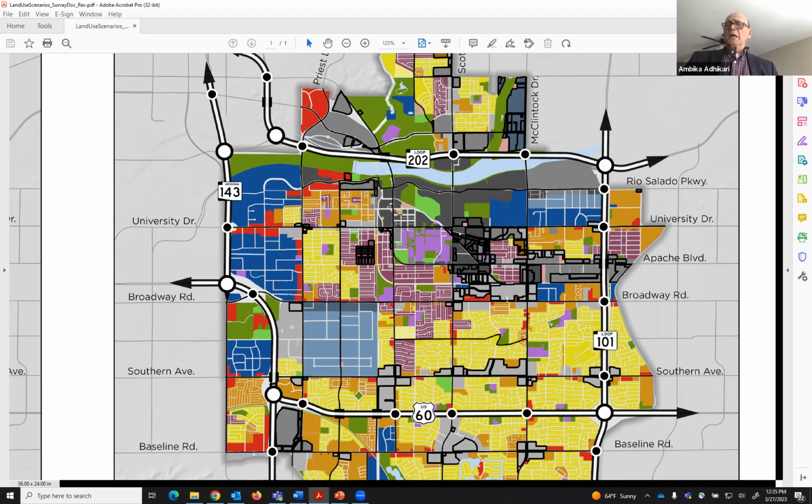Actually, all of these maps are pretty much aligned with the 20-minute vision, because that's one of the foundations and the vision in the plan: to have transit availability and a lot of compact and higher density development along transit, and along the nodes of transportation, and to have the good density that takes care of all that growth projected by 2050, which is going to be maybe another 50, 60, 70,000 people. Sometimes people get confused that we're making plans for growth. We are actually making plans to accommodate growth that is being projected.